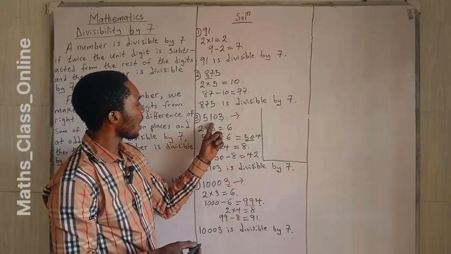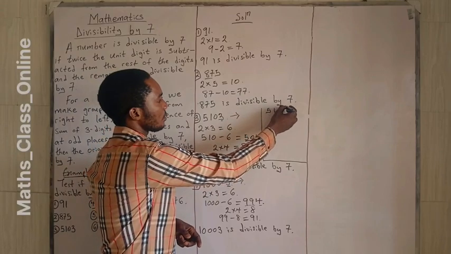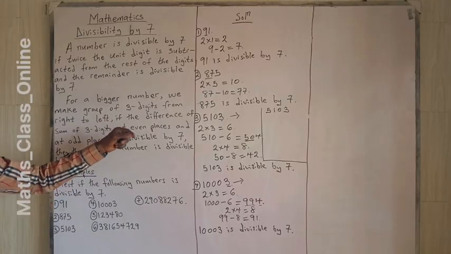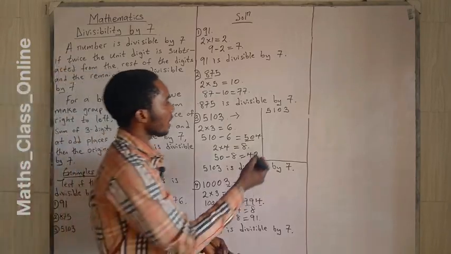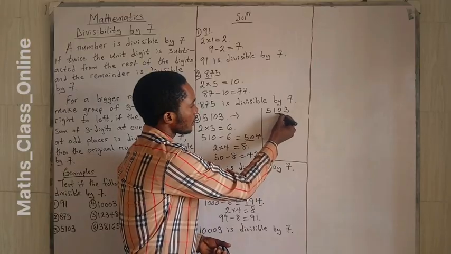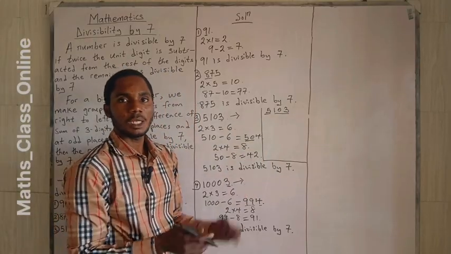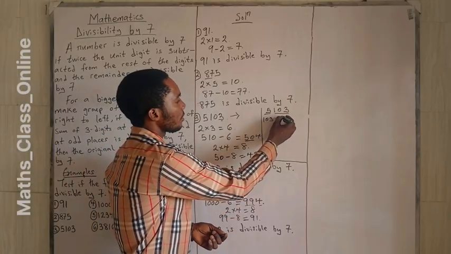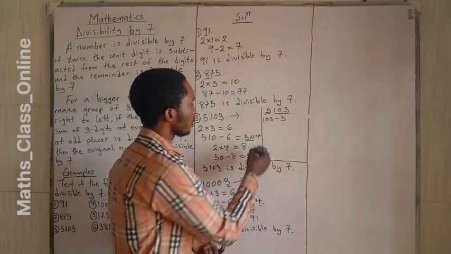This is 5103. We make what? We make groups of 3 digits from the right. 103, and this is 5, and this is the middle. Let's take the difference. 103 minus 5 will give us what?